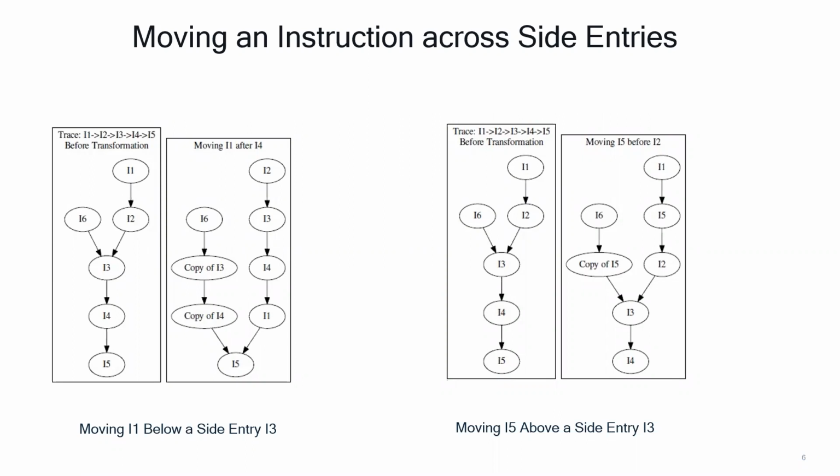We execute I6, then I3, then I4, then I1, and then take an exception. But in the original program, the exception wouldn't have been taken. So this is not correct, right?